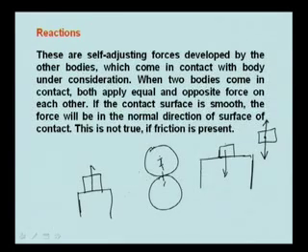This is not true if friction is present, because there will be a frictional force also acting here. Otherwise, if there is no friction, the force has to be normal, otherwise the body will start moving in another direction, because there is no friction to constrain the motion.